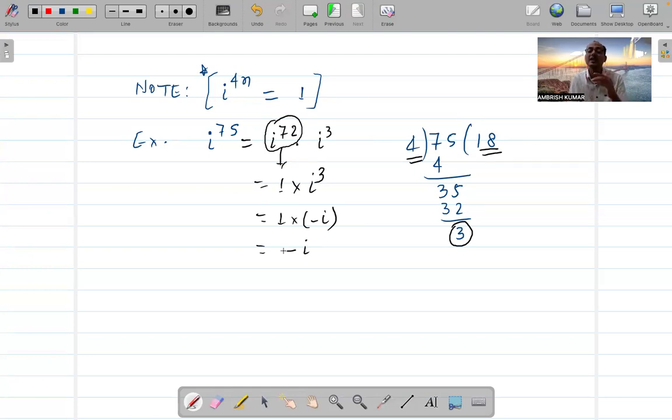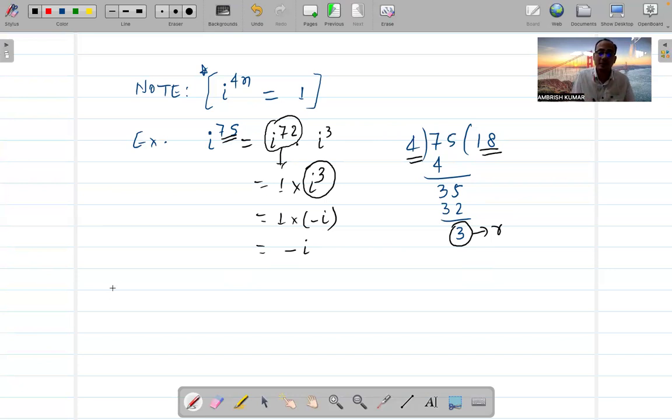So from here we can make a rule that whenever we have some power on i, just divide that power by 4 and then whatever the remainder you are getting, just that remainder power on i is going to be left there. Nothing else will remain there. Only i to the power remainder will be there, right?